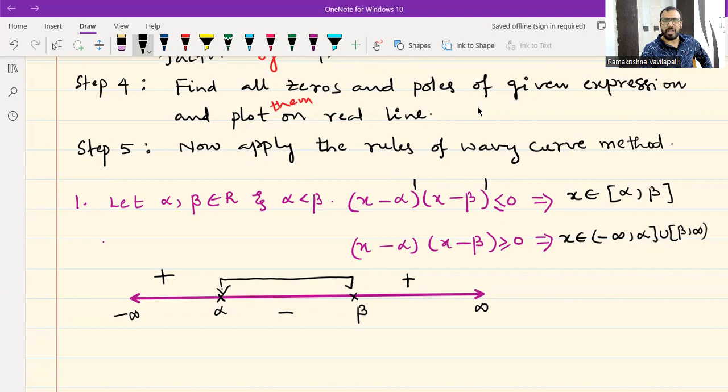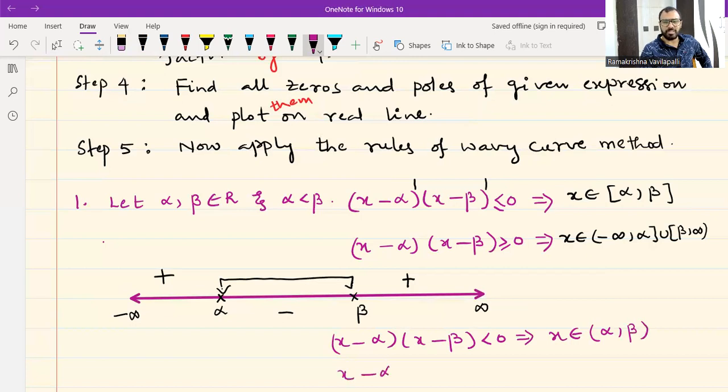If you want to solve a strict inequality, let us say x minus alpha into x minus beta is less than 0. Then you have to take only the open interval, because anyway we want the product to be strictly less than 0. So exclude the end points. x belongs to alpha to beta.